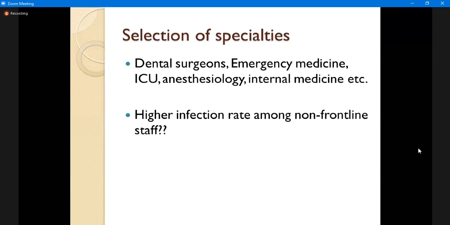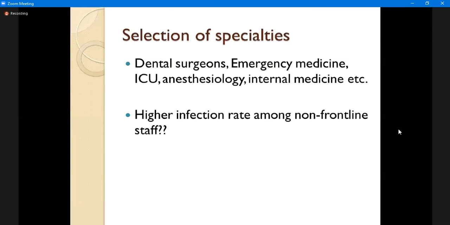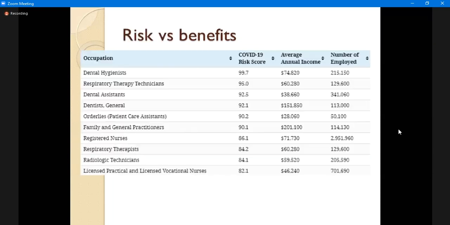Now, I think Dr. Hera could remember, we have been discussing the high infection rate among frontline staff. And there's at least 1 or 2 studies saying that frontline people had enough precautions in handling these cases, but non-frontline people didn't have that much precaution, and then they got infected more and had a higher risk of getting infections. So this kind of risk categorization, again, we have to think about.